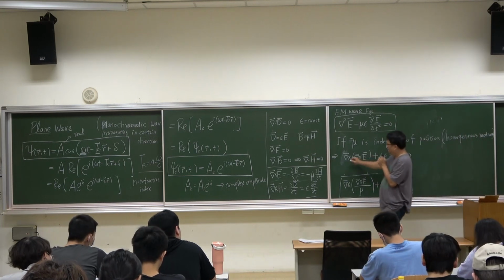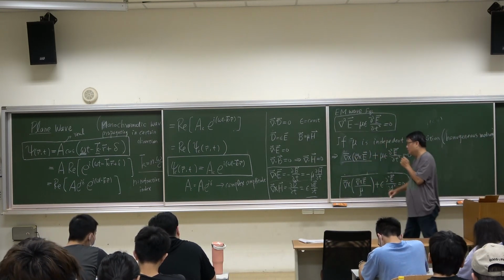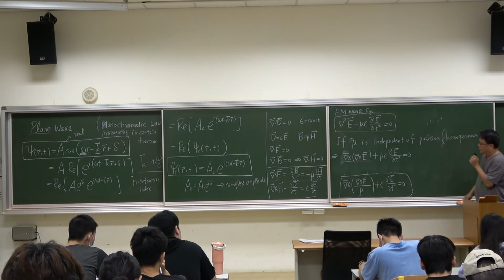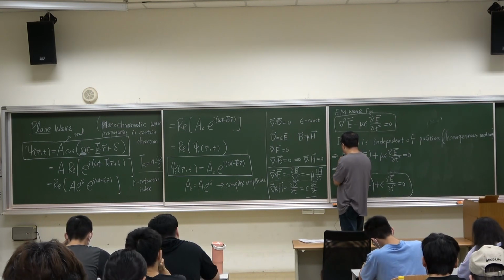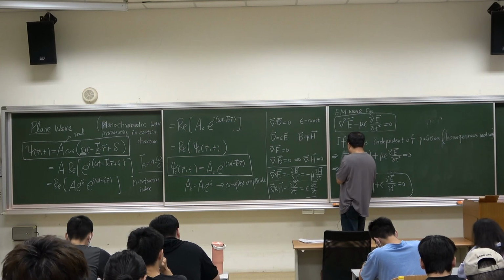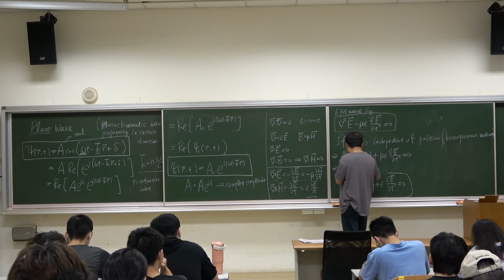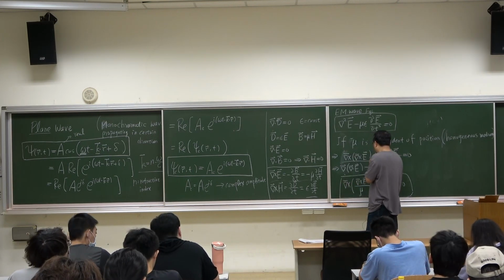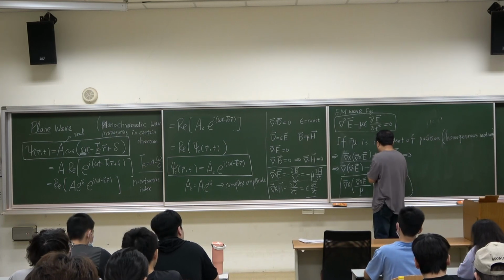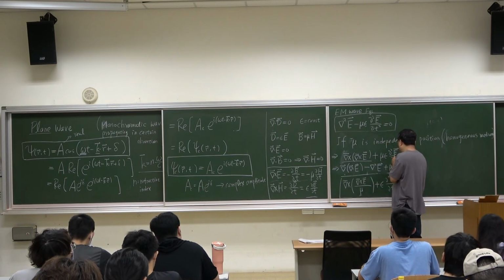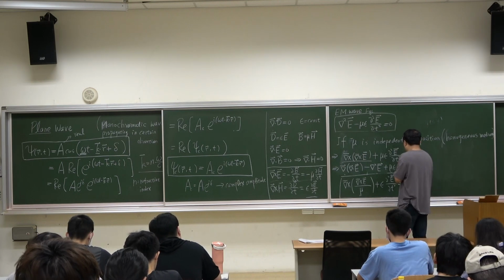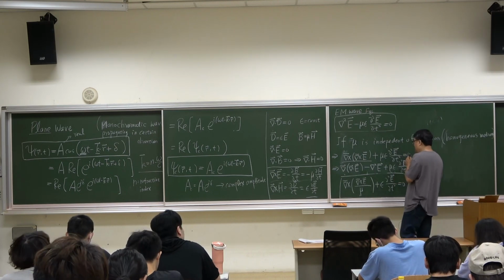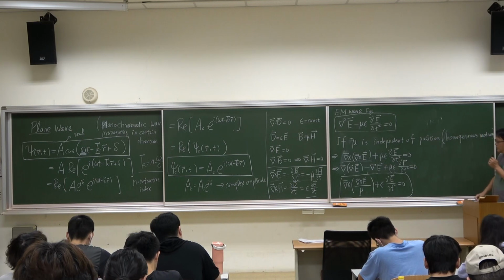And according to vector analysis, curl E is equal to gradient divergence E minus Laplacian E. So we have this equation.